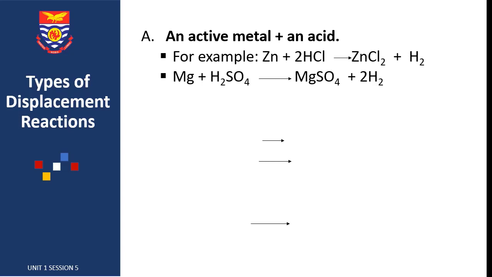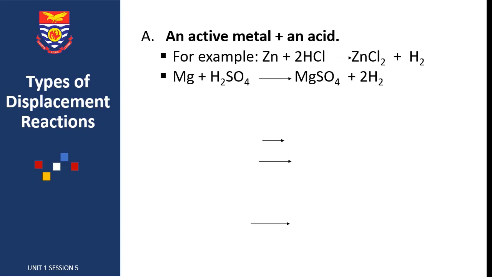In this reaction, the active metal, zinc, has displaced the hydrogen, and we now have hydrogen standing alone, but since it's a diatomic molecule standing alone as a gas, and then we have zinc chloride, which is the salt.